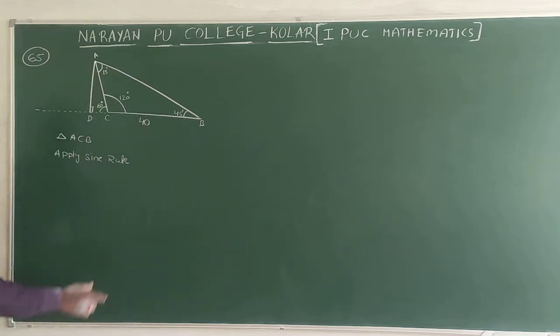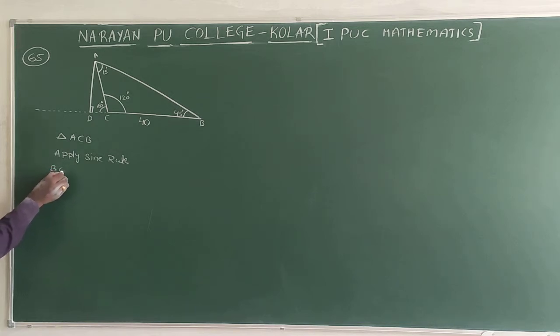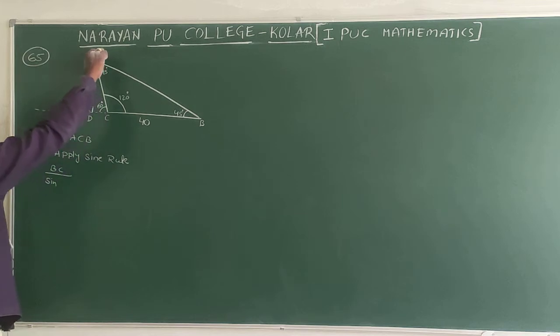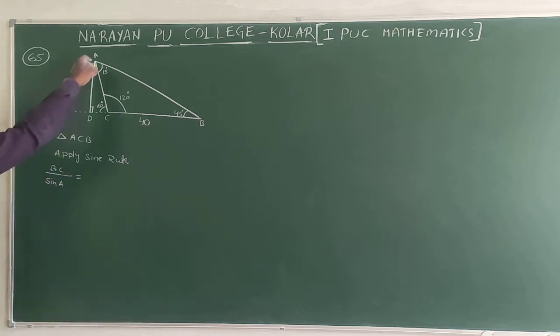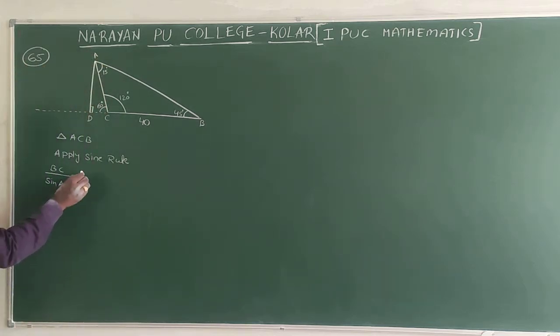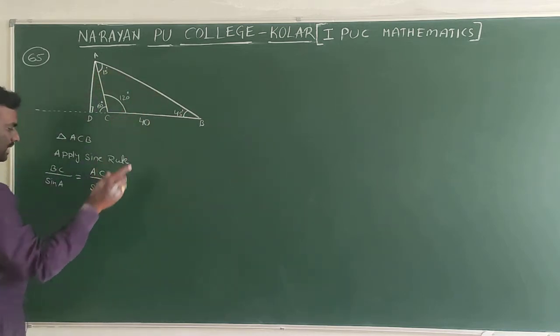For example, here I am taking this side BC by sine of what is the opposite angle of this BC? That is A. Similarly, I am taking another side AC by sine of what is the angle which is opposite to AC? That is B.